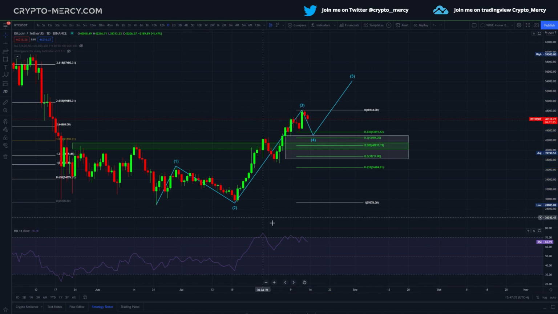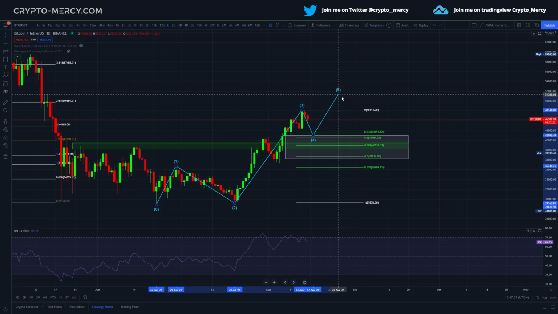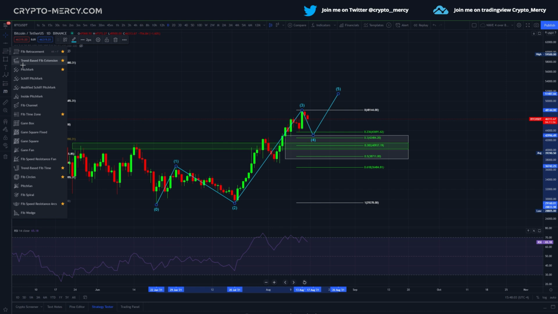If this is a possible scenario, where wave 5 can go and where wave 1 can go, the top of wave 1 of this new cycle, let's go over it. If we are just taking the same length right here, and this is an approximation, but we also can find it by using the trend-based fib extension.